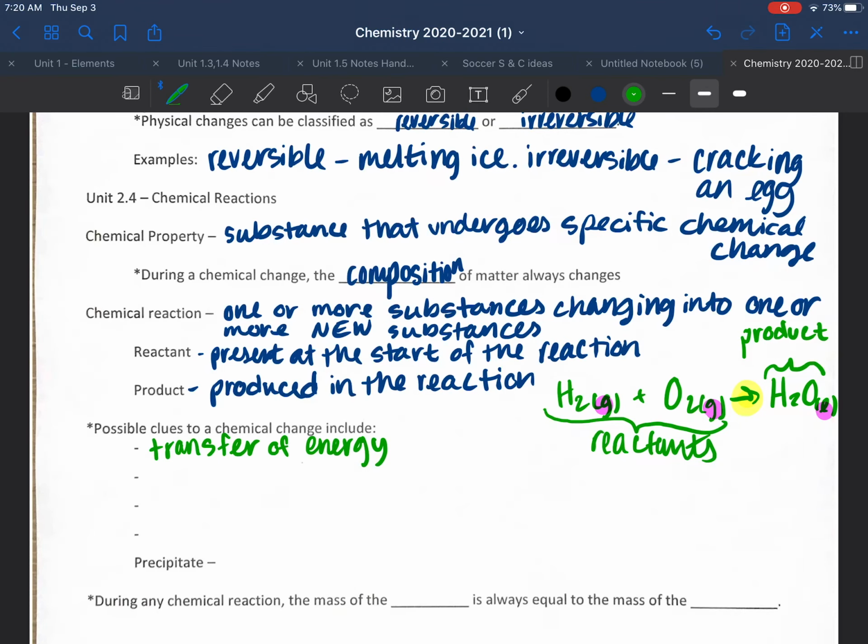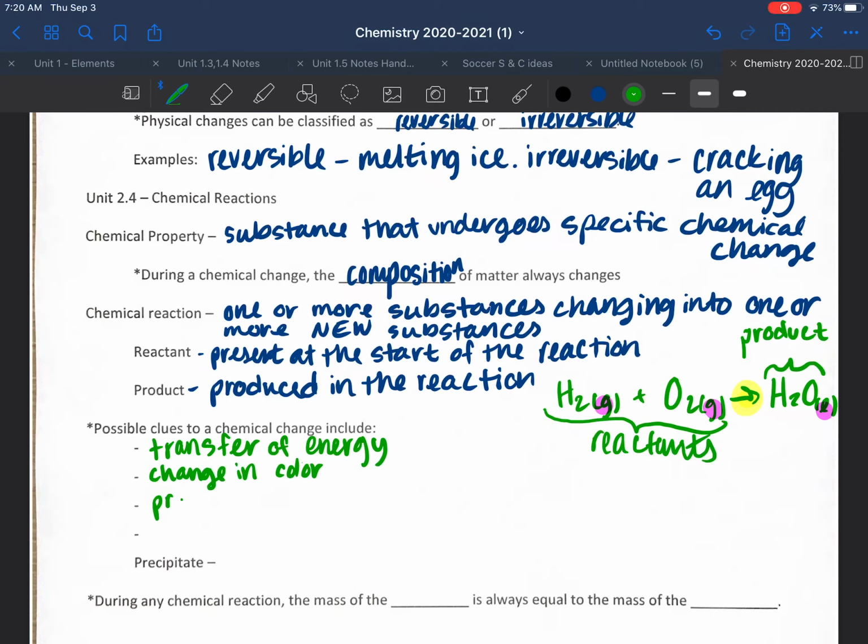And then the next possible clue would be a change in color. So think about the first reaction you did for the scientific method lab. You added phenol red, calcium chloride, and sodium bicarbonate. The combination of those three things turned yellow.